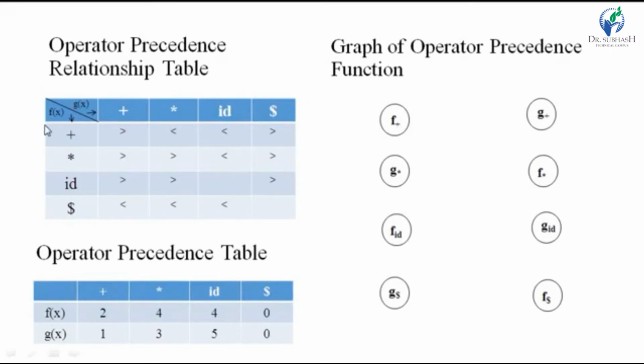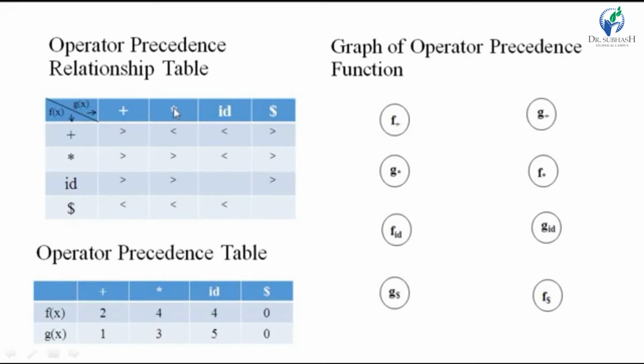So this plus has higher priority. Then plus and star: at that time star has higher priority. So the priority of plus is lower and the priority of star is higher.